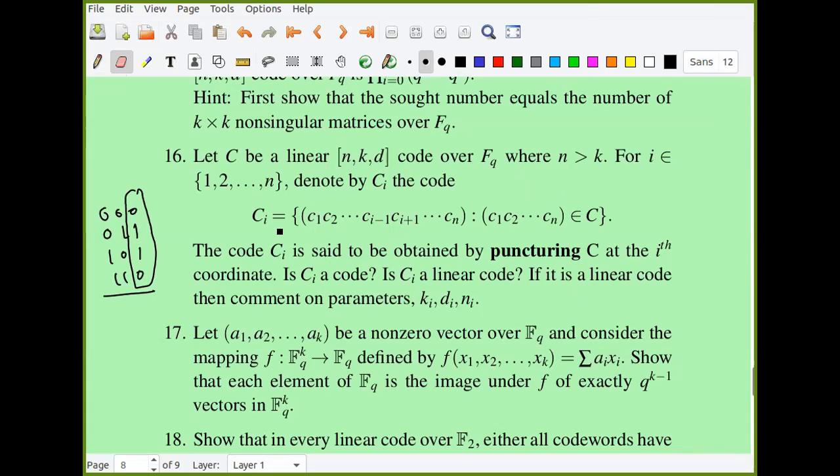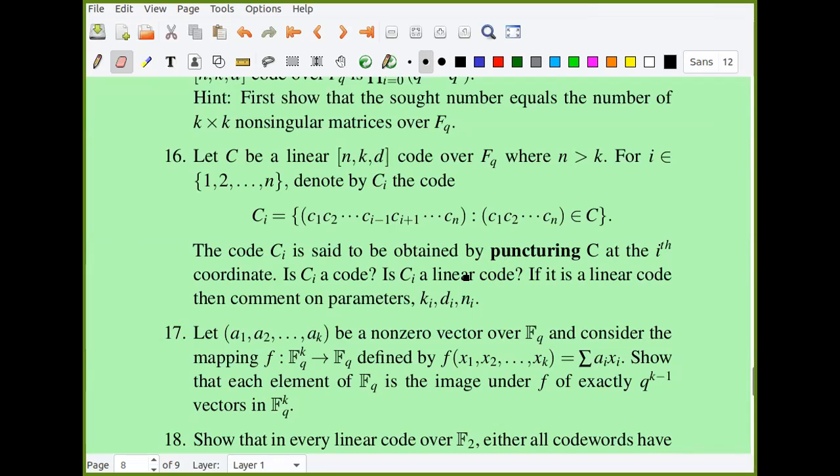But is the converse true? Ask yourself; if I ask in the exam, can you do that? So if I give a code, then you can puncture it and get a code of one length less, not dimension, one length less. But if I give a code of length one less, can I get a code of length n?